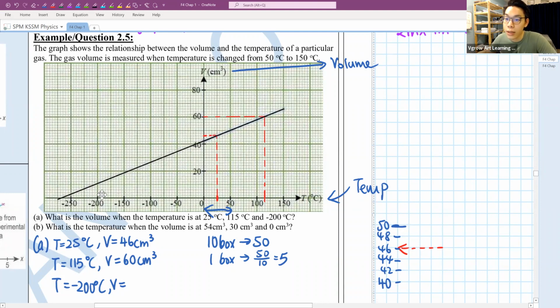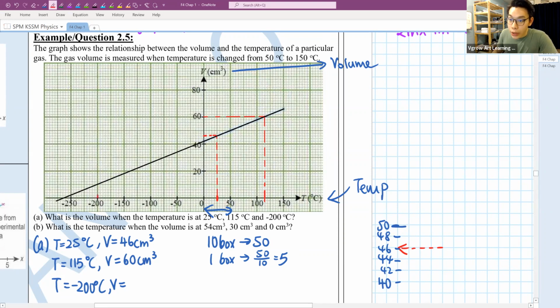I think this is good enough. Something like this. Okay, something like this. Negative 200.